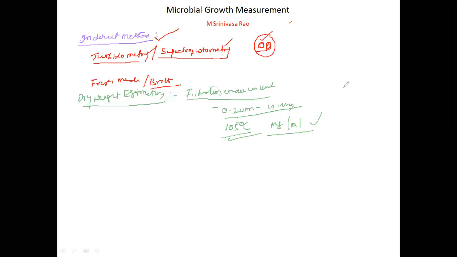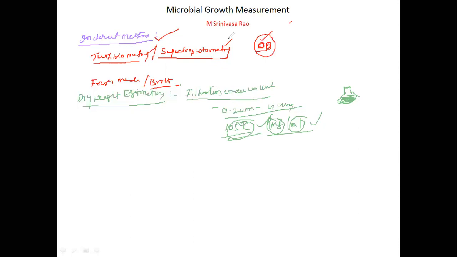We grow the cells, for example, in this conical flask, a microbial sample in a broth, and we filter it. The filtrate will be taken, dried, desiccated, made into powder, and we weigh it. The more the weight, the more growth that specific ml gives. This is dry weight estimation.